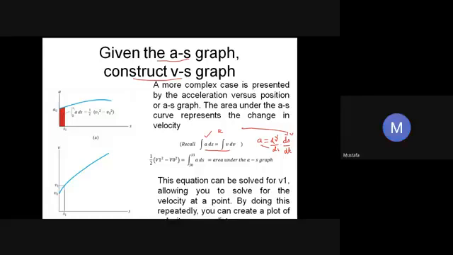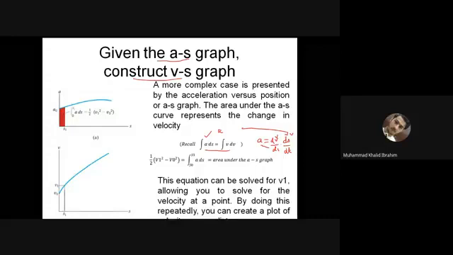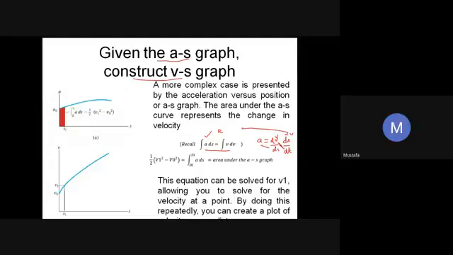Someone said they did not understand this, so let me write the equation again. Acceleration is equal to dv by dt, right? And if I multiply and divide it by ds, it will not make any difference, right?